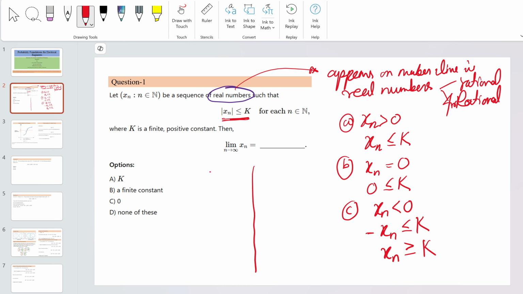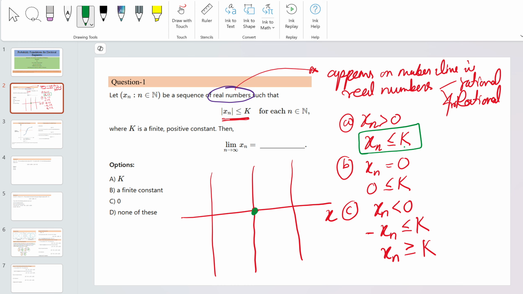It means that it is actually a bounded system on the x-axis line such that its values lie in a range. If xn is greater than 0, it will be less than or equal to k, where k is a finite positive constant, so it will lie here.